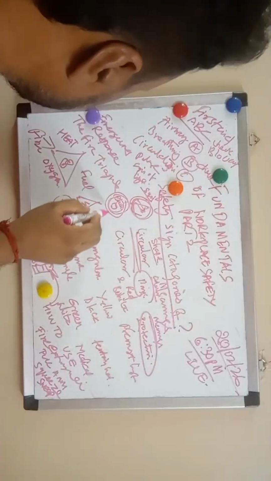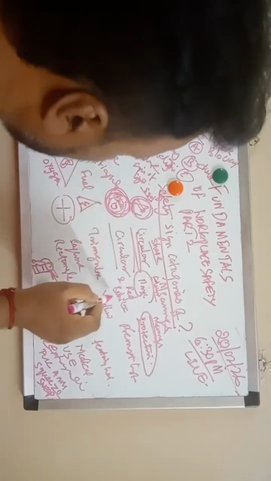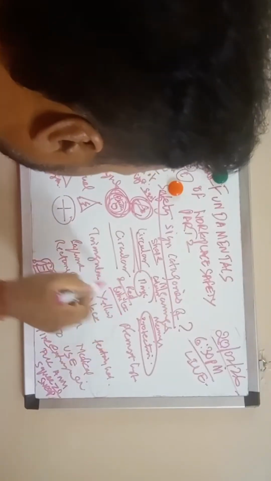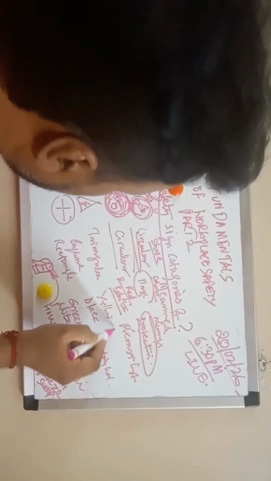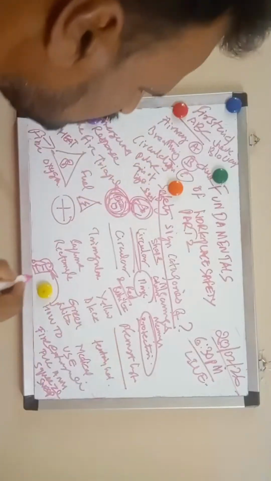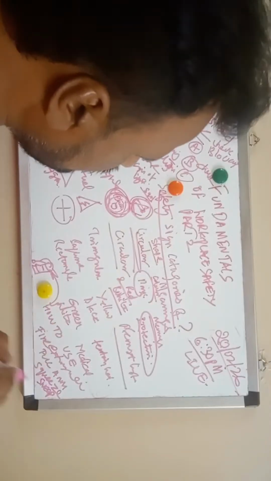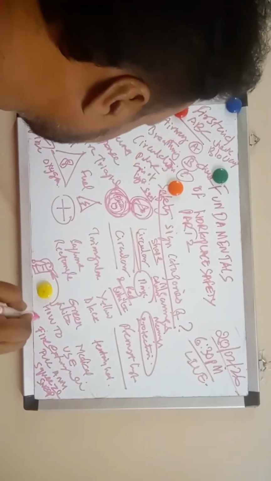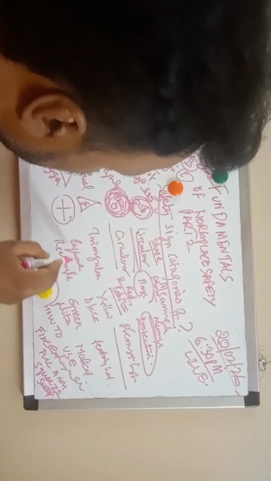Then you have another circular one, in red and white format. Red and white means protection, almost like a protected area.